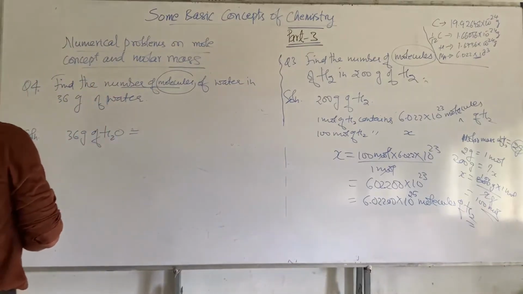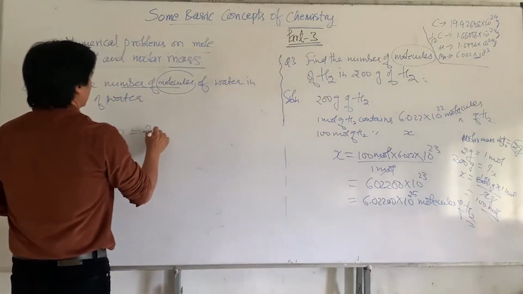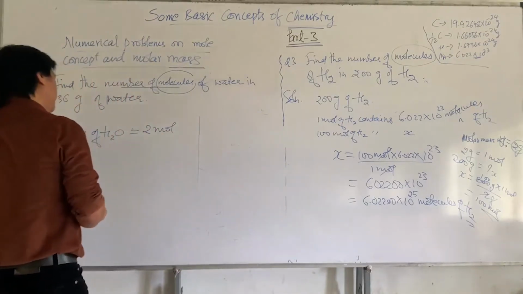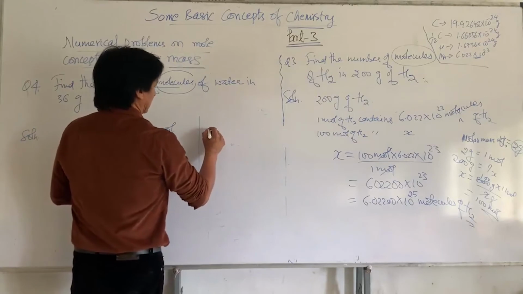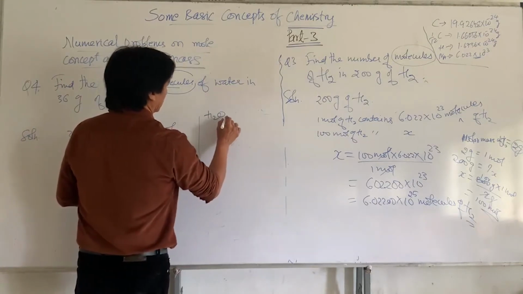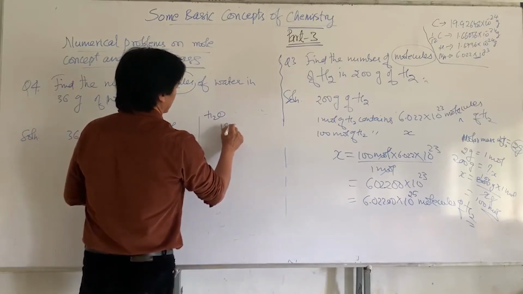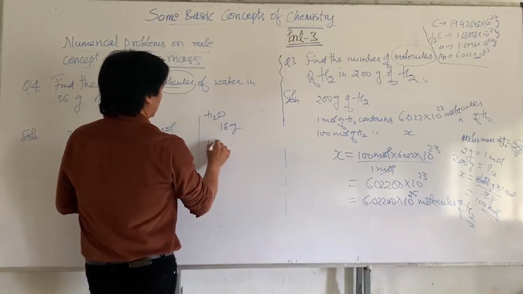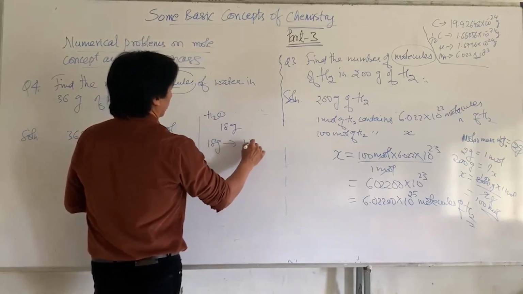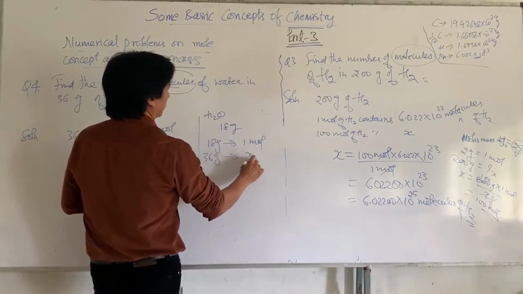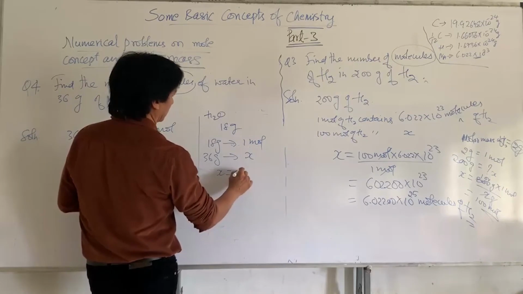You know how you get it? Because as far as water is concerned, its molar mass is 18 grams, right? So when 18 grams of water is 1 mole, then 36 grams of water is how many moles? X, cross multiply, okay, same thing.